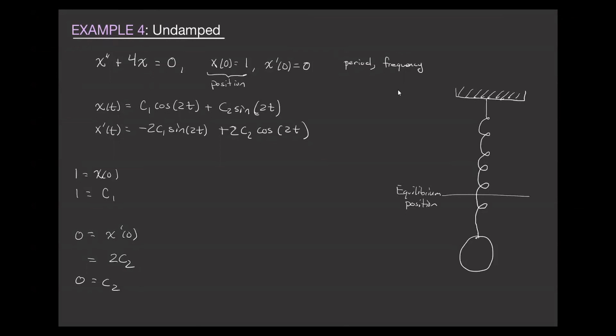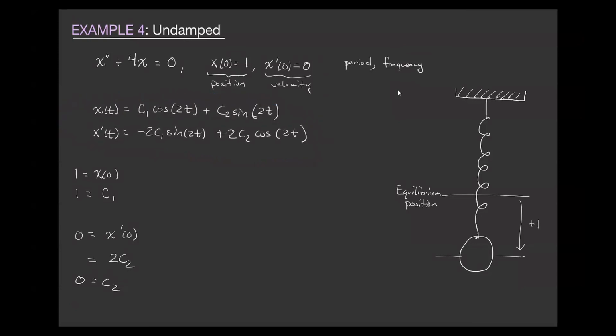In this case, at time 0, we have a displacement of 1. So this would be a positive displacement, plus 1. At that time, we have a velocity equal to 0. What that means is we essentially have it at rest, but displaced from the equilibrium position.